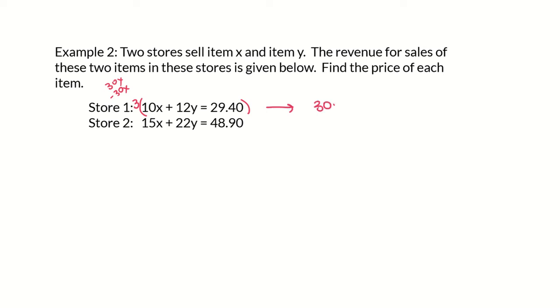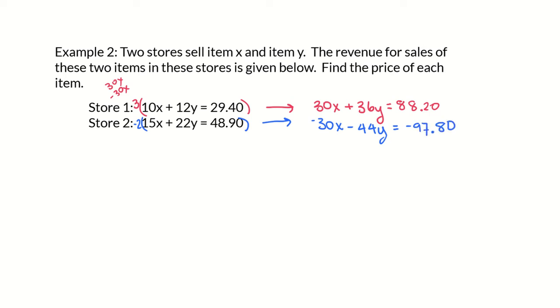That would be 30x plus 36y equals 8820. And then the second equation, to get negative 30, we multiply by negative 2. That equation then would be negative 30x minus 44y equals negative 9780.